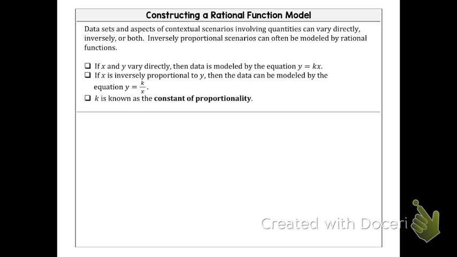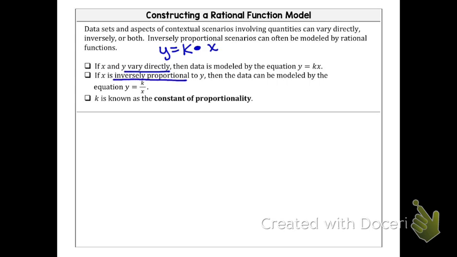If x and y vary directly, then the data is modeled by the equation y equals kx. Okay, so varies directly. It's always going to be y equals k, and then directly means multiplied by x. Okay, if x is inversely proportional to y, then the data set can be modeled by the equation y equals k divided by x.